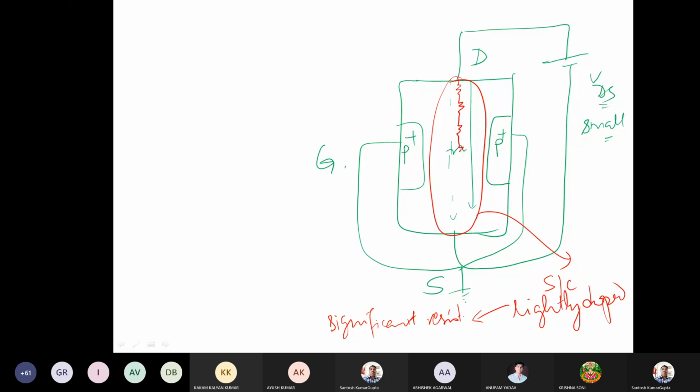We can take some small thin stripe here, and every stripe is going to give some amount of resistance like this, and through this the current is going to flow. The same amount of current is going to flow.